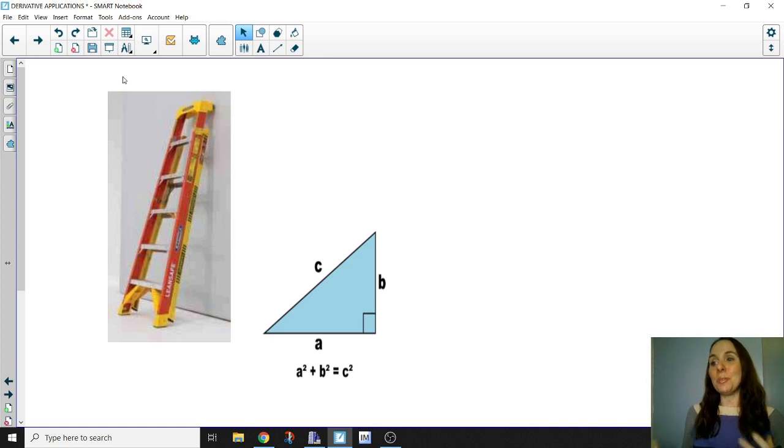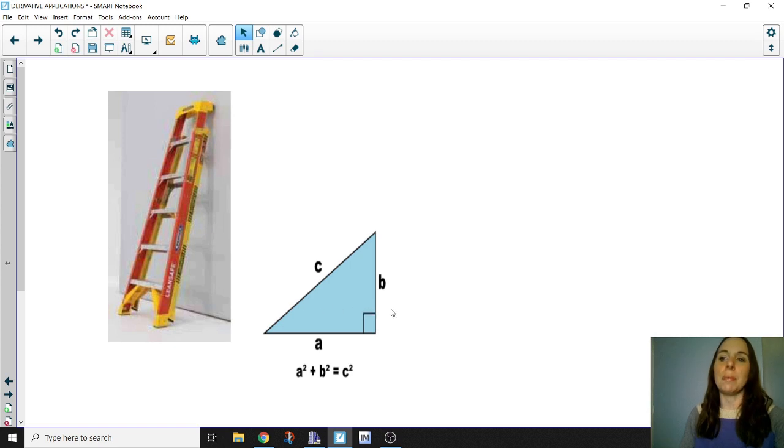Okay, so let's start with a really simple example. If you have a ladder leaning against a wall, and that ladder starts to slide down the wall, do you realize that the top of the ladder is not sliding at the same rate as the bottom of the ladder? The top of the ladder going down the wall is not changing at the same rate as the bottom of the ladder going across the floor.